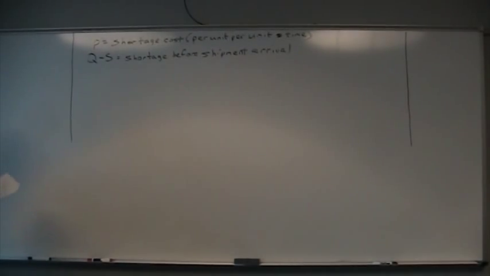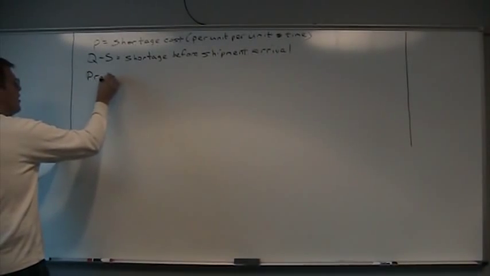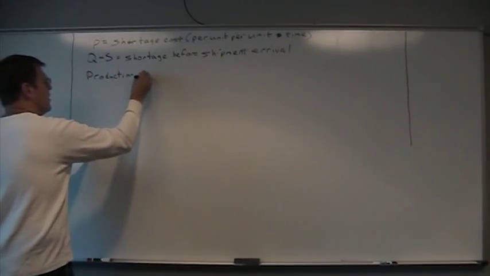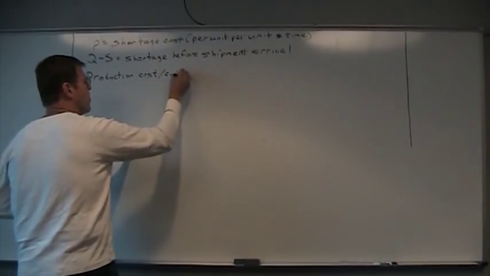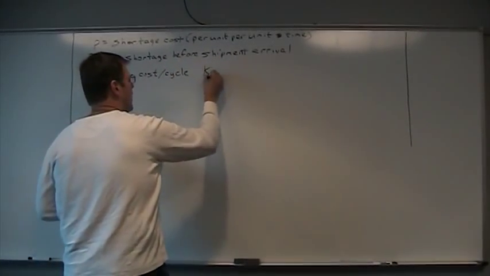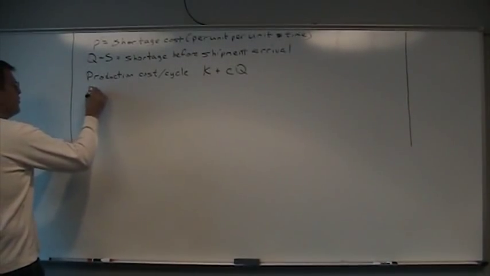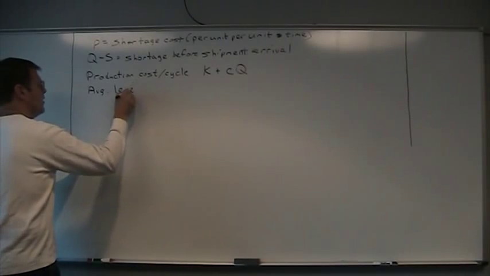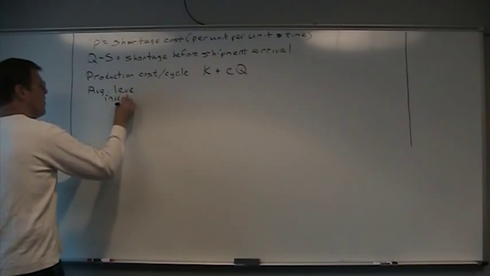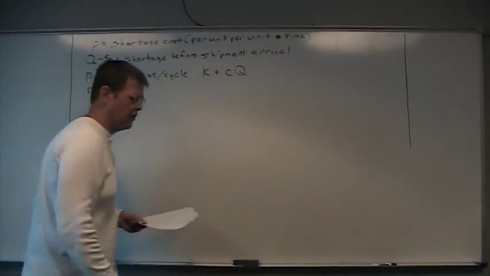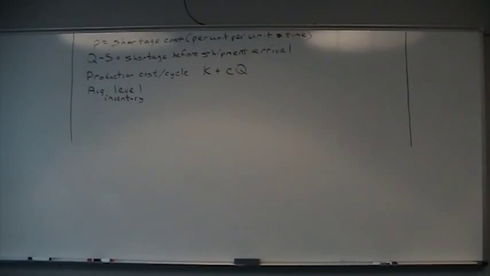So just as before, we're putting together a cost function here. The production cost or the ordering cost hasn't changed per cycle. It's still K plus C times Q. The average inventory level. As far as the average inventory level is concerned, we're worried about this from the standpoint of holding costs.